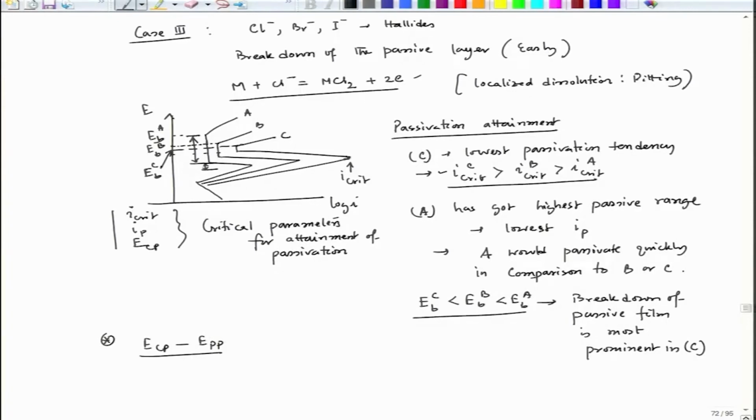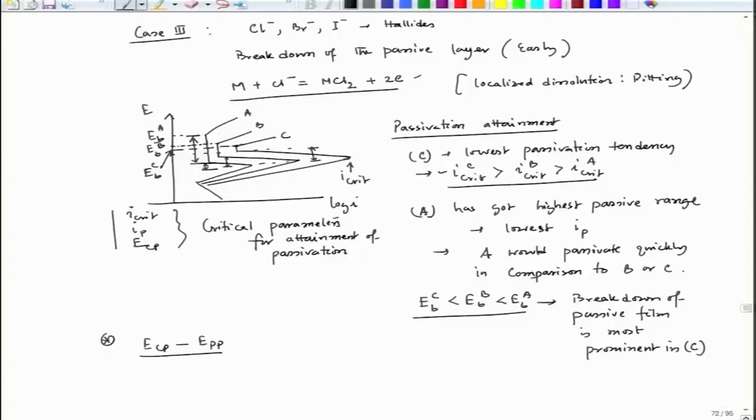Here the gap, as we are going from A to B, I could see that the gap is increasing, and in case of C, it is the maximum. Now, what does it mean? That in order to get to the passive region, that means in order to attain that IP, I have to go to a much higher polarization before we could achieve that passivity.